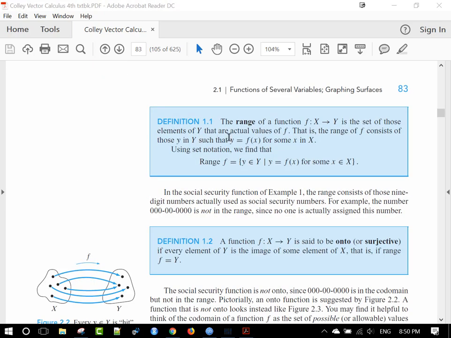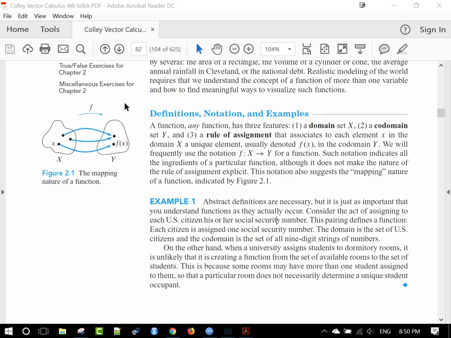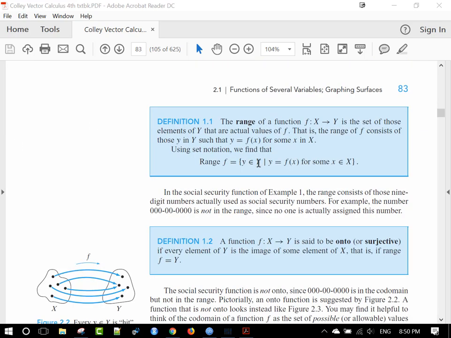And the concept of the range. I think the codomain is the set of all possible values, I always get this confused. And then the range is the set of y in Y such that f of x equals y for some x.